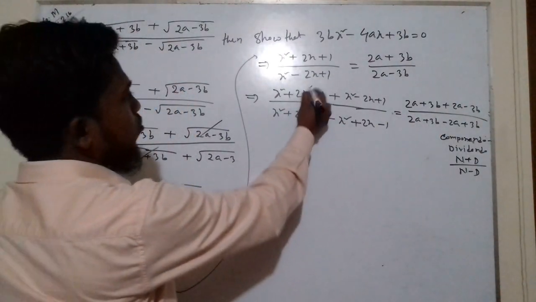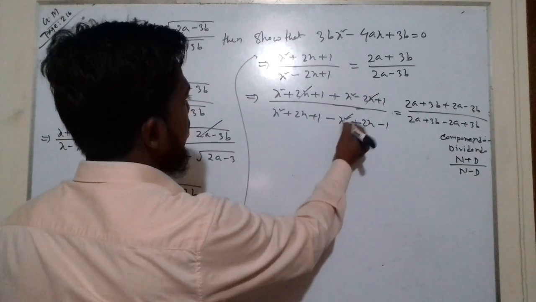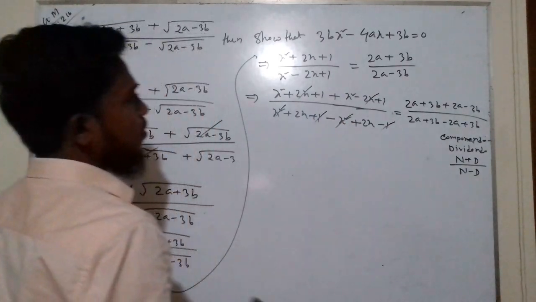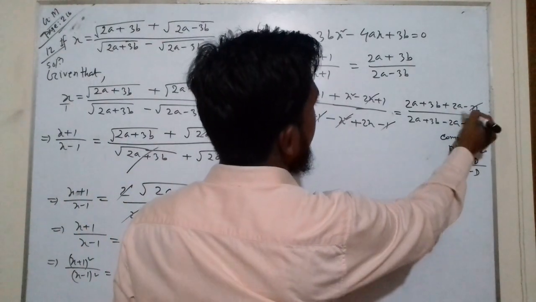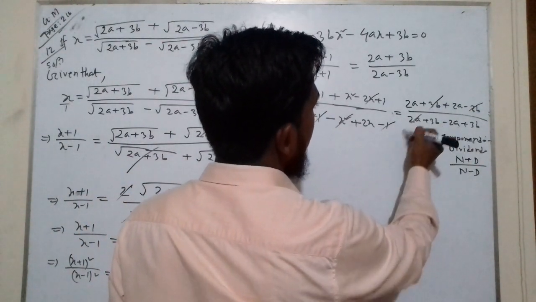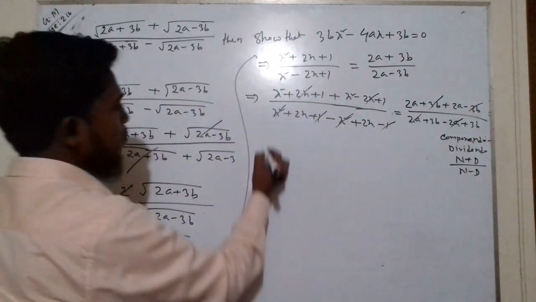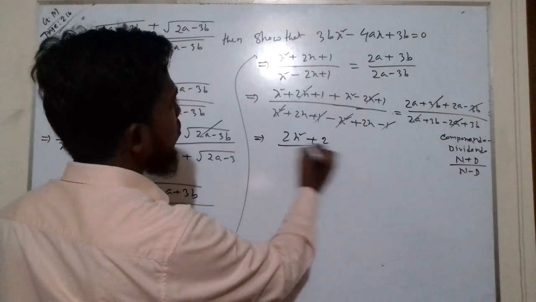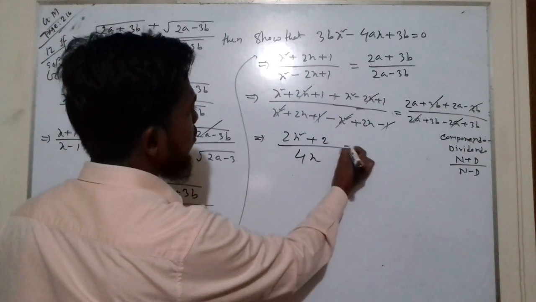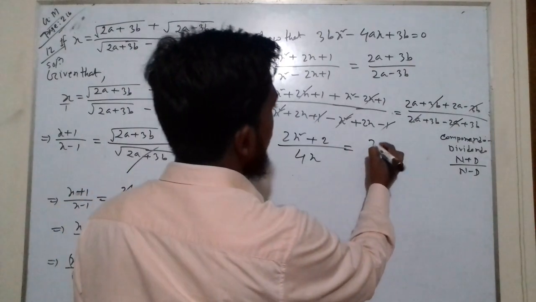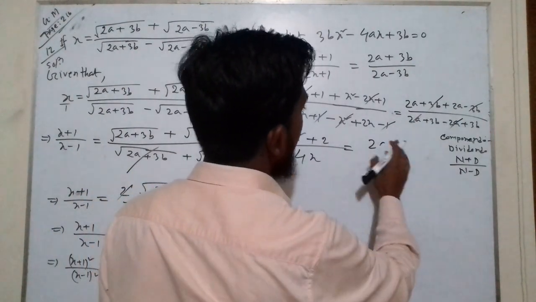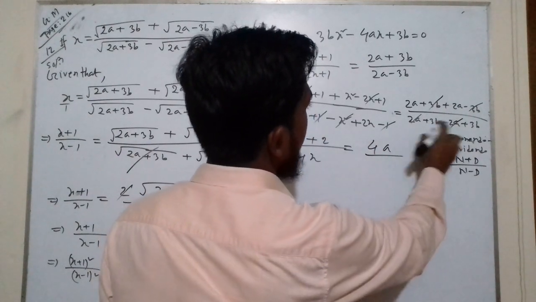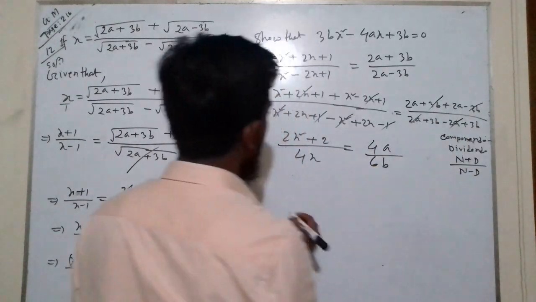Okay, 2x minus 2x cancel, x square and x square cancel, 1 and 1 cancel, and 3b cancel, 2a and minus 2a cancel. So we can write 2x square plus 2 divided by 4x equals 2a plus 2a, that means 4a, divided by 3b plus 3b, 6b.